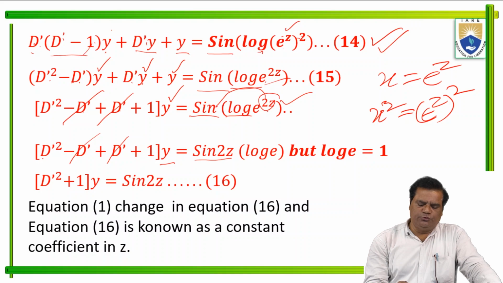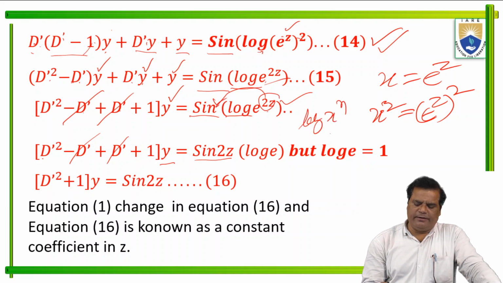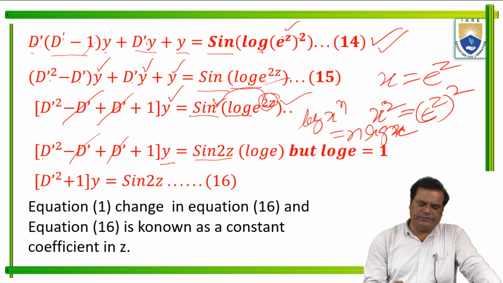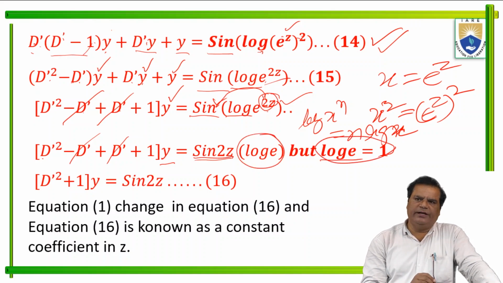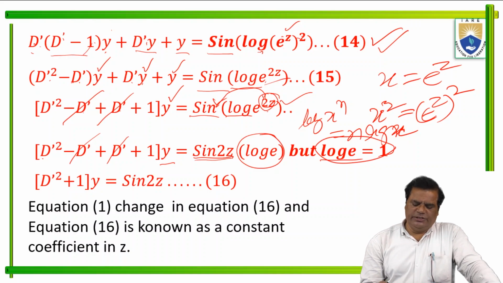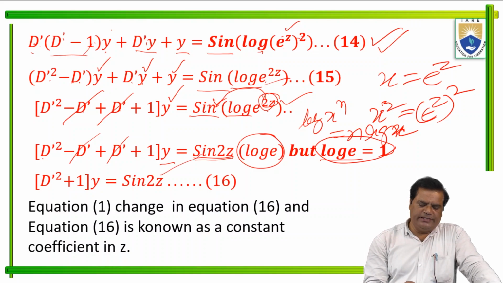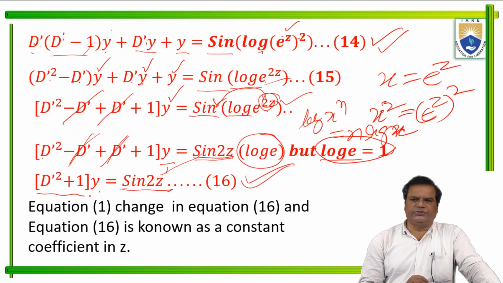This 2z goes to the left using the formula log x to the power n: sine 2z into log e. What is log e? It is 1. So finally we get D dash square plus 1 y equal to sine 2z. This is equation 16.